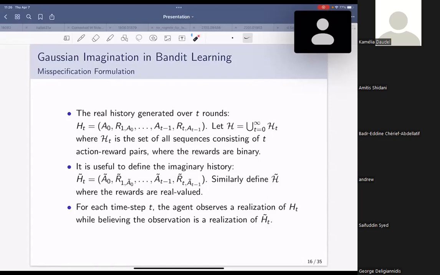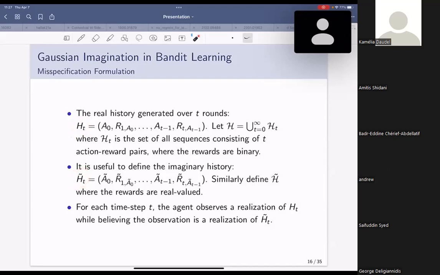So it is useful to define the imaginary history, denoted by H tilde, a sequence of pairs of imaginary actions and imaginary rewards. At each time step, the agent observes a realization of the true history, a realization of H t, but it believes that the observation is a realization of H tilde.